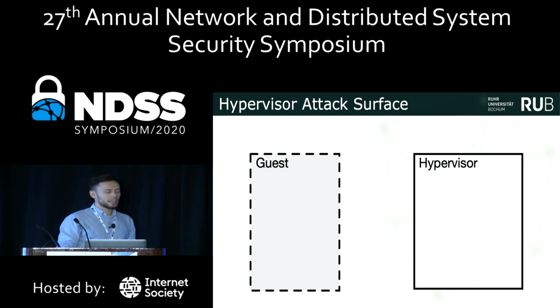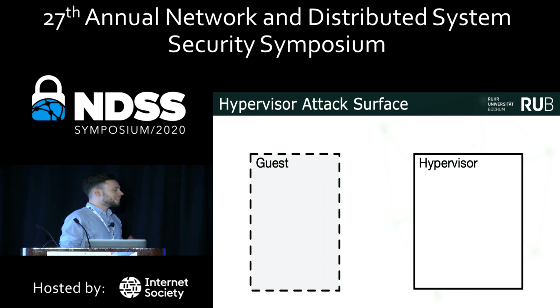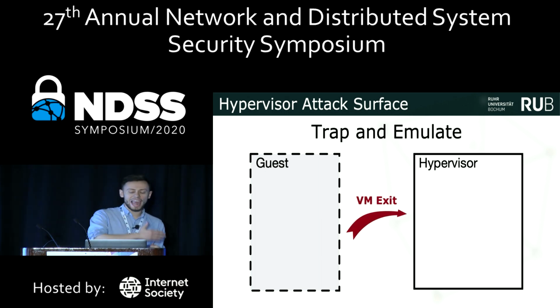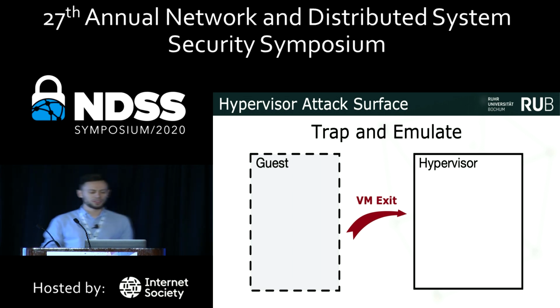If we are able to run operating systems such as Linux or Windows inside a virtual machine, then at some point the guest will try to execute a privileged instruction. And a hypervisor simply cannot allow it to execute a privileged instruction in the context of the host. Therefore, there will be a special virtual machine exit transition between the guest and the hypervisor, and then the hypervisor starts to emulate stuff, and then the execution goes back to the guest.